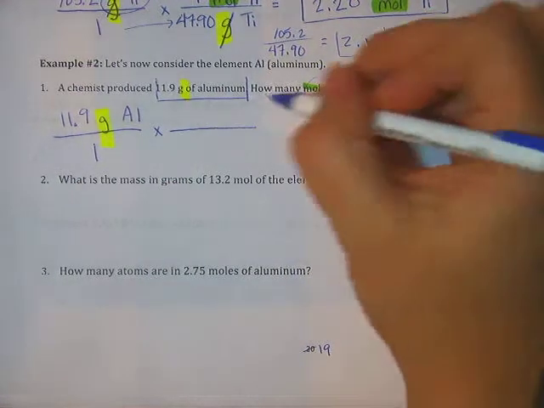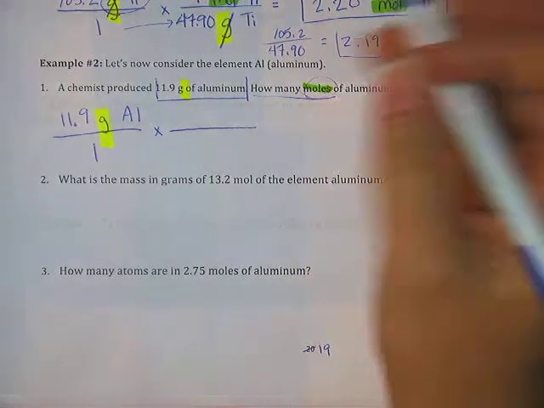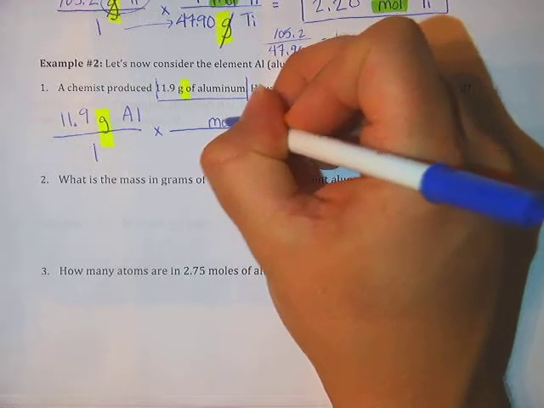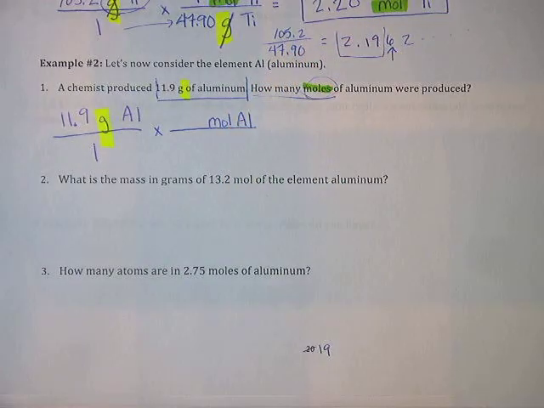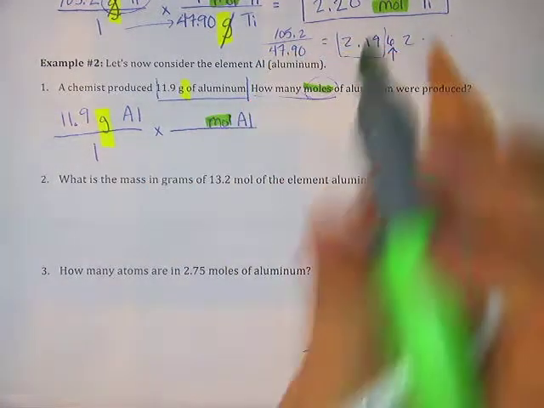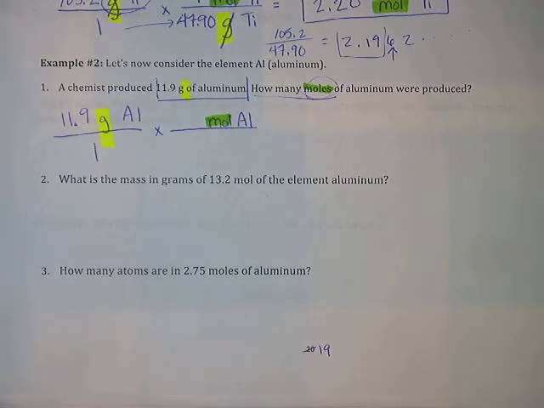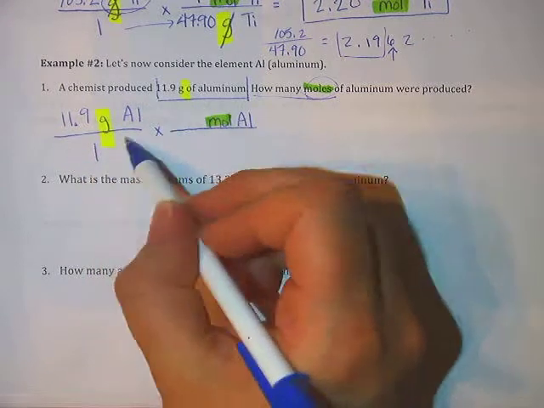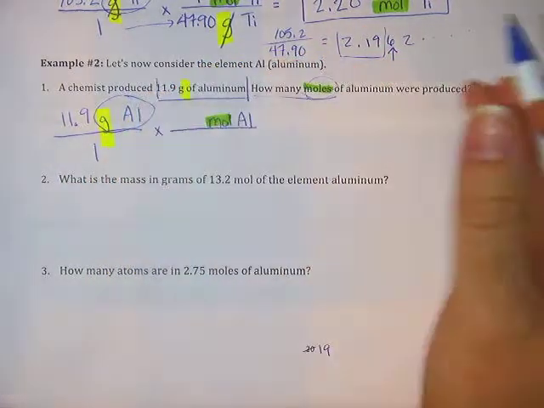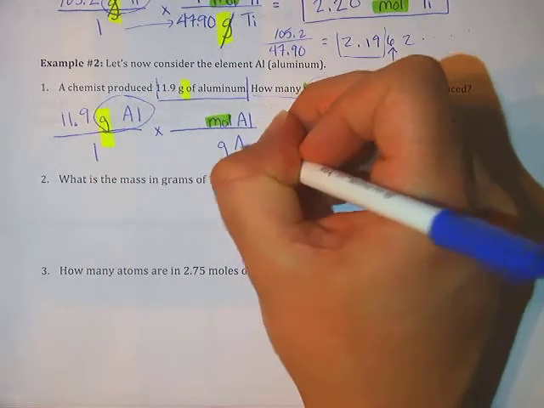And I know what they're asking me to find, how many moles. That's going to go on top of my last fraction. So moles of aluminum goes on top of my last fraction. And I know what goes up must come down. So these grams of aluminum that are on top, they need to come down to the bottom.